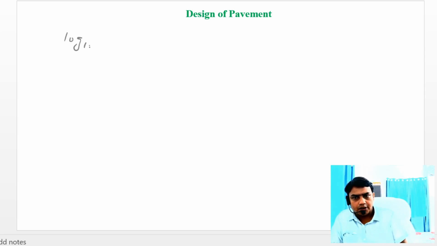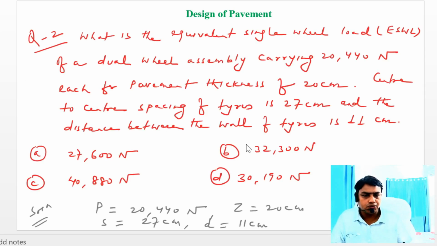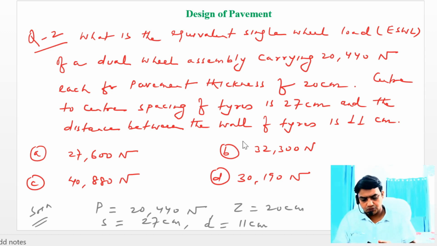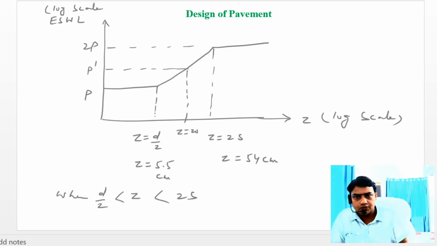So we can write log to the base 10 of 2P. 2P is how much? 2 into 20440, so it will be 40880.